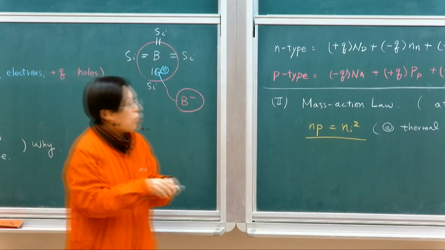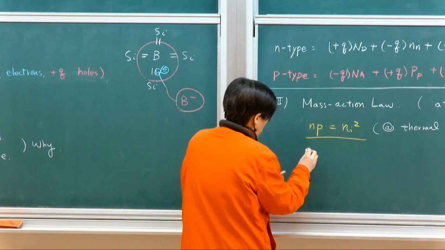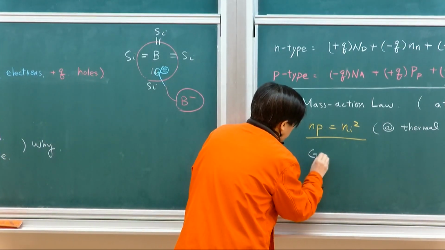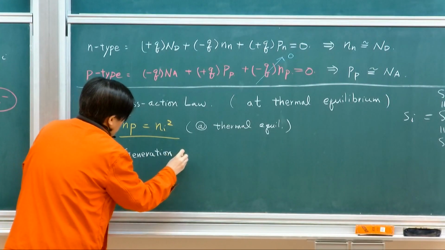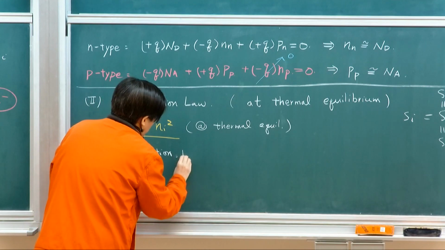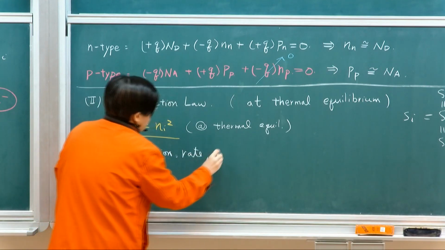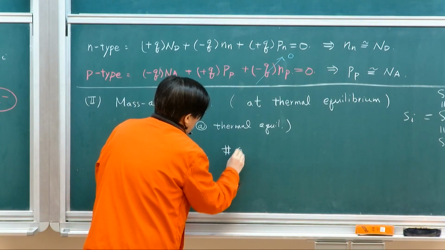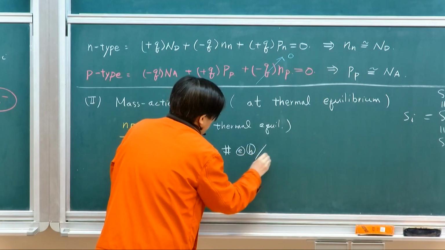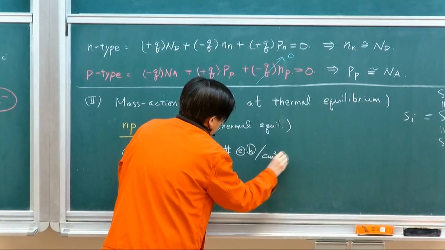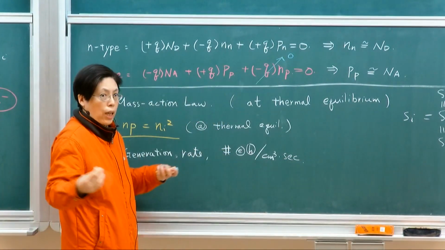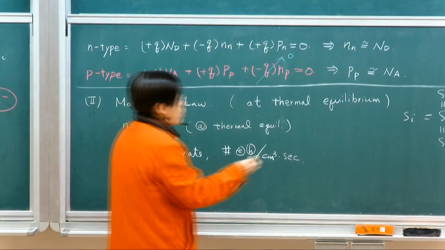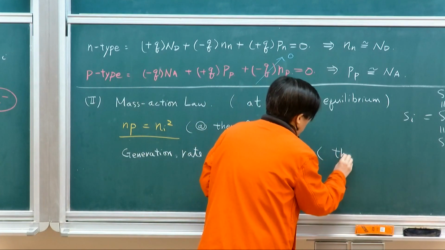there are two mechanisms. One is called generation. Let's just say a generation rate, the number of electron-hole pairs per centimeter squared per second. This is governed by the amount of extra energy, so it will depend on thermal energy.